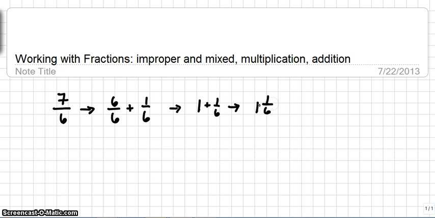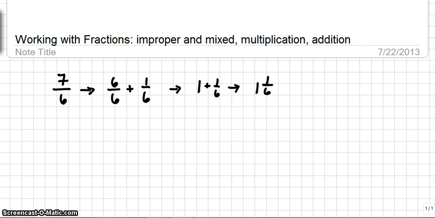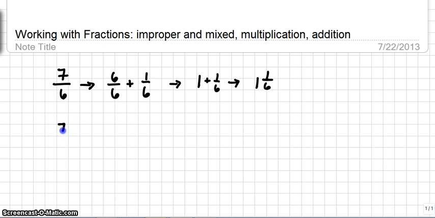But not all fractions are that easy for us to think about and do this way. So there's kind of a shortcut that most people use to turn improper fractions into mixed numbers. For example, if we continue with our 7/6 example, we say, how many times does 6 go into 7? So it's almost like we change the problem into division.